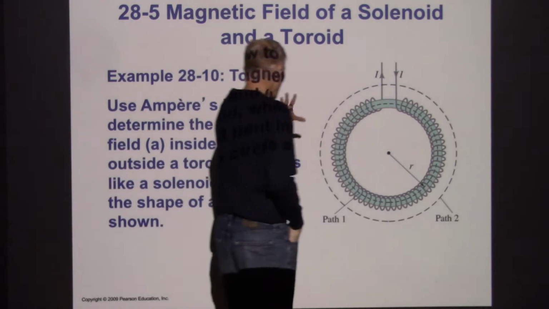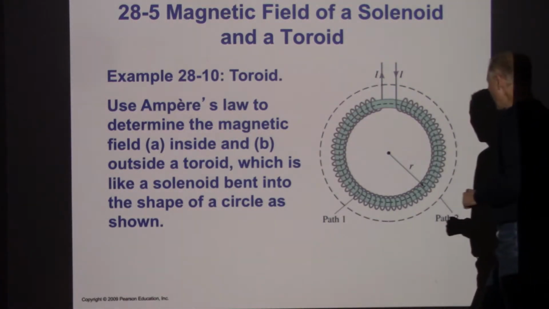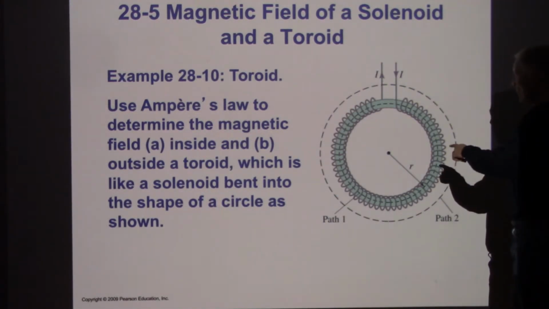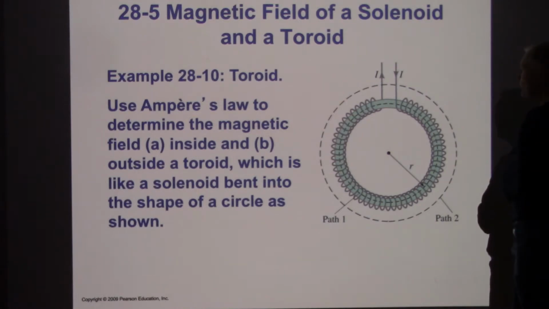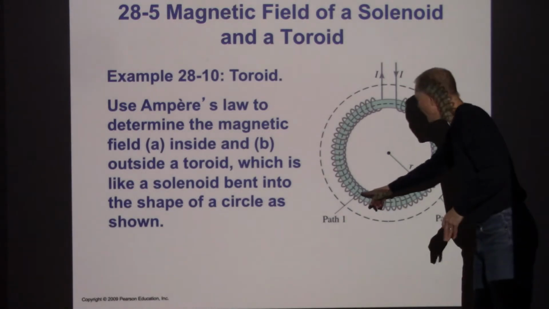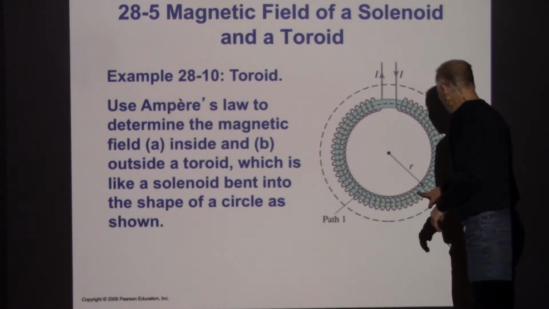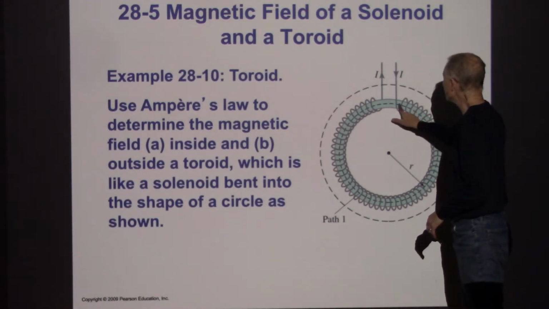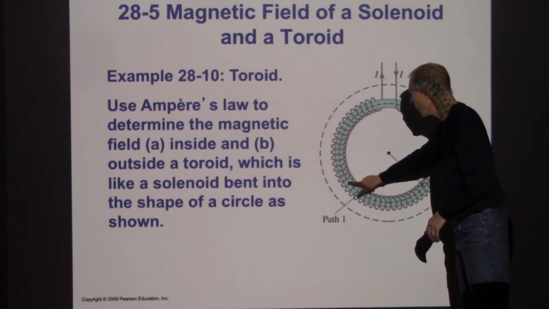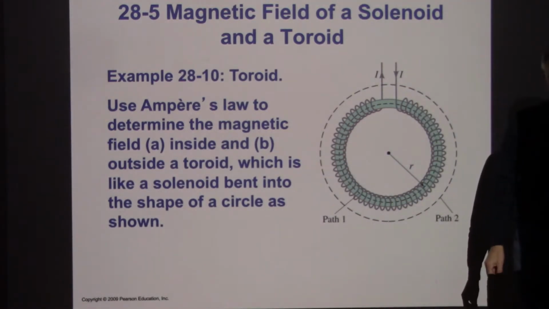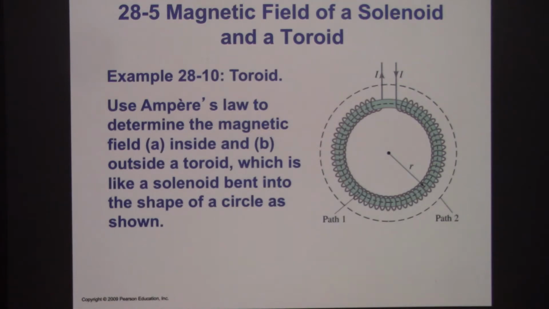Now, I went back to this slide because here are the paths that we want to integrate. So let's stop and think about what's going along the path. If I follow path 1, will there be a magnetic field on path 1? And you go, yeah, path 1 is going to cross through many currents that are enclosed.